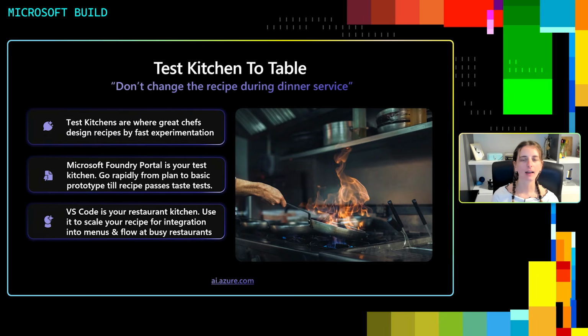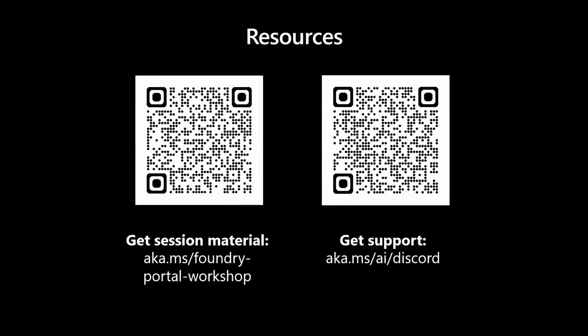So in this analogy, Microsoft Foundry portal is our test kitchen that then prepares you as a developer to scale out with code using things like Visual Studio Code, the Foundry Toolkit extension within Visual Studio Code, and integration with open source frameworks and interoperable protocols to customize the solution further, build on top of this prototype more complex architecture, and ship it into production.